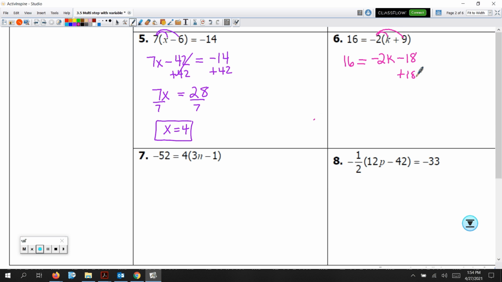So I'm going to add 18. So 16 plus 18 gives me 34 equals -2k. This is multiplication. Do not add 2. You're dividing by -2. So k is equal to -17.